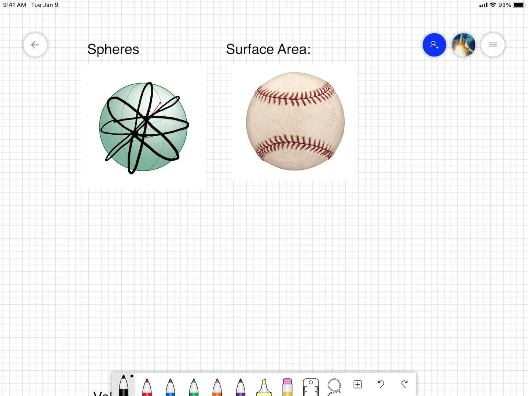Okay. I know that's not really helpful for understanding surface area, but this gives you an idea of what we really consider a circle on a sphere. These are the main components.